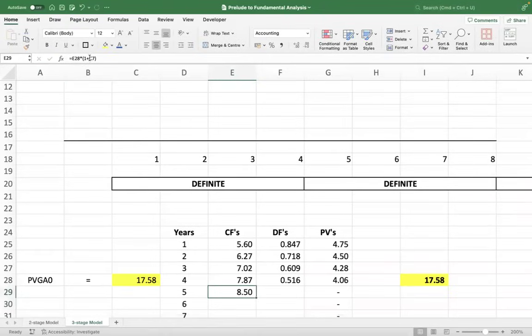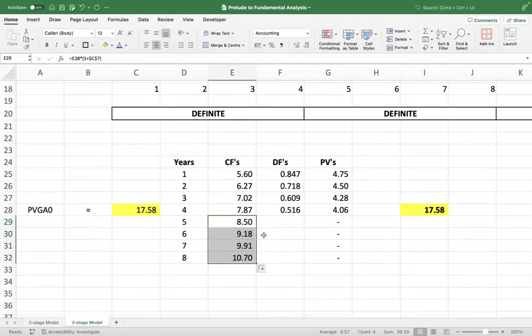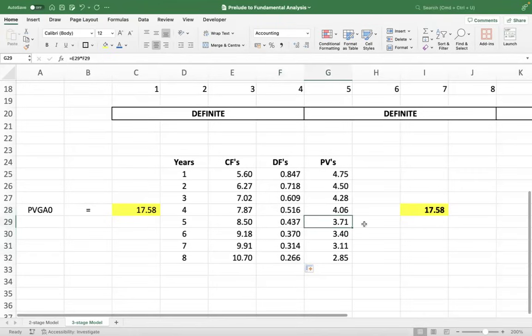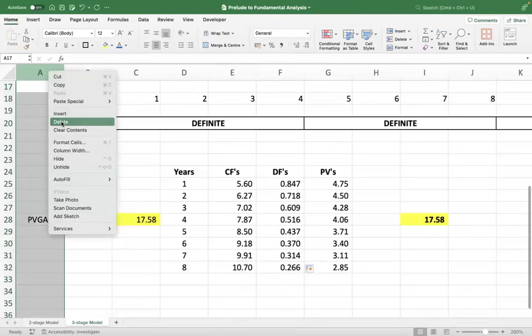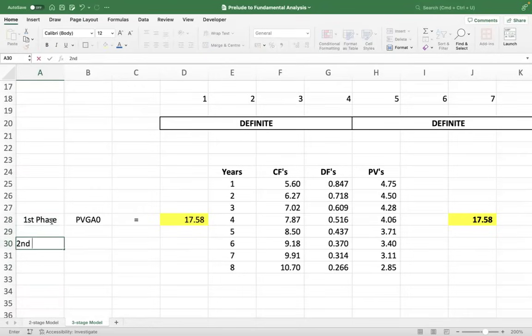And this is going to go for how many years? 4 years, until the 8th year. Okay. And we take down the discounting factors. Now we will do the same thing for the second phase also.